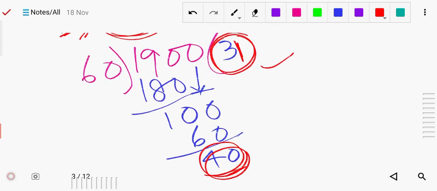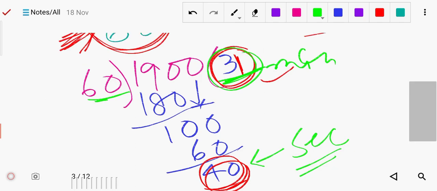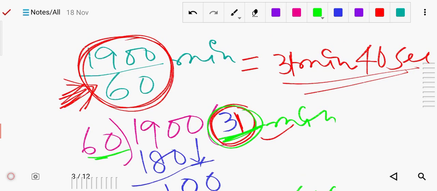After dividing, whatever the quotient is will be your minute, because we are converting second to minute, and whatever the remainder is will be your second. So it means 31 minute and 40 second. That will be the answer.